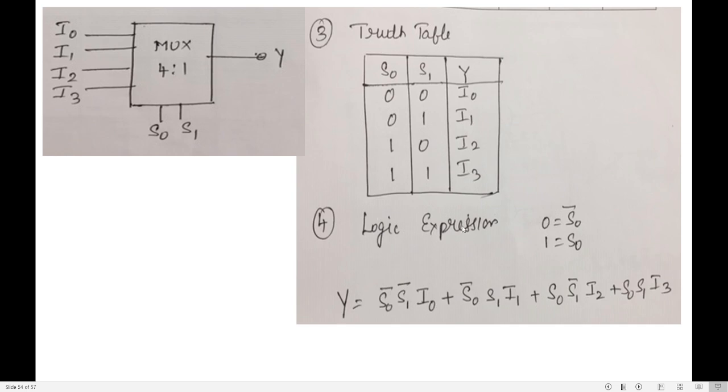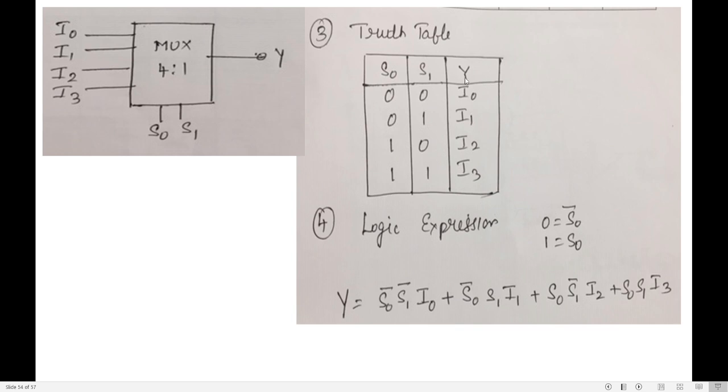Let us write the logic expression. 0 is S0 bar, 1 is S0. This is how you represent: 0 is an inverted term, 1 is a true term.